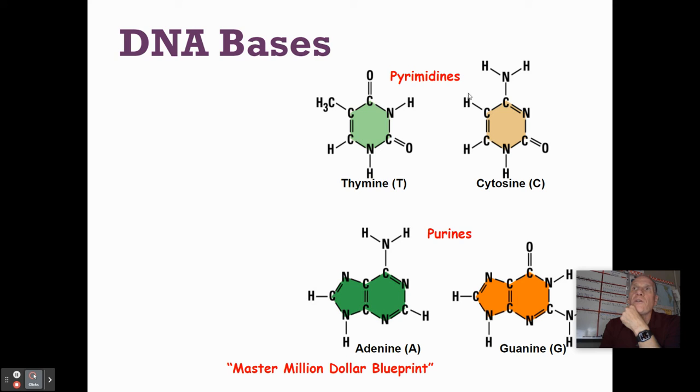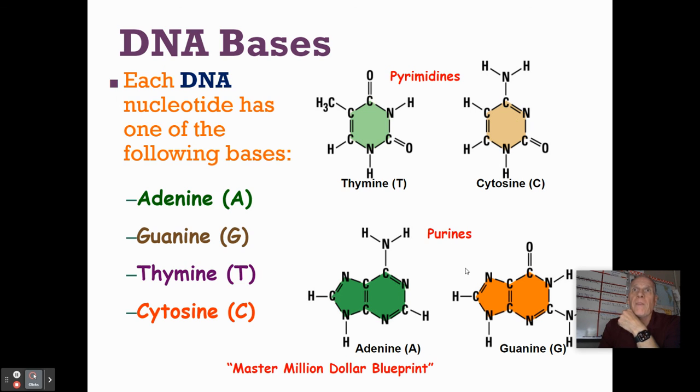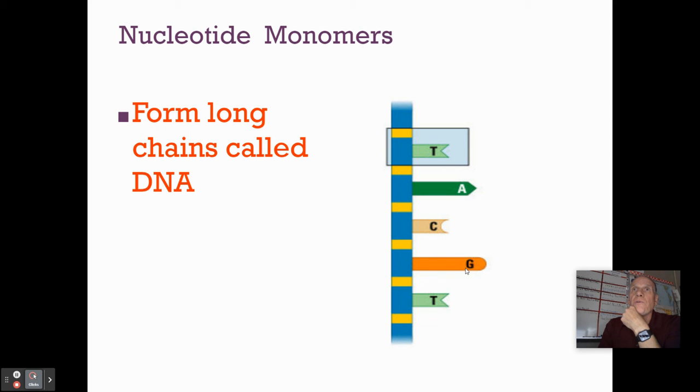Do you notice that the pairings are always a single ring structure, which is known as a pyrimidine, to a double ring structure, which is known as a purine. So pyrimidines always pair with purines. In DNA, T pairs with A and C pairs with G. And there's my bases right there. Nucleotide monomers form chains.